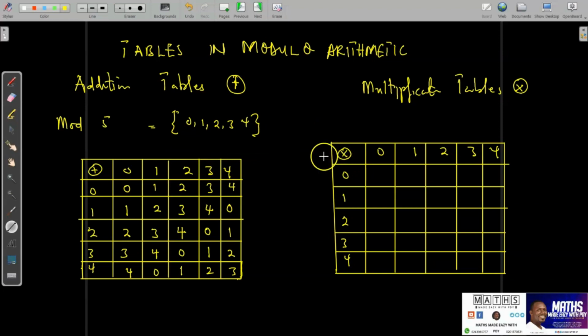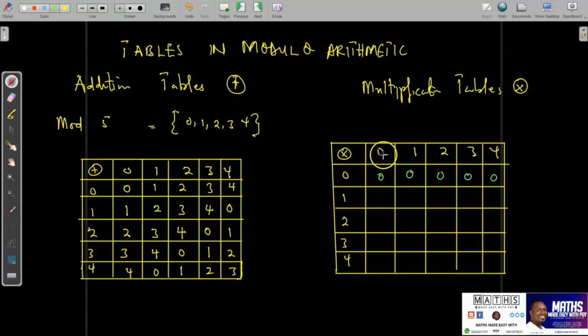Okay, so let's work out the multiplication. You know that 0 multiplying any element still gives you 0. So we can just fill in those sides. So we have 0, 0, 0, 0, and 0. 1 also multiplying any entry still gives you the same number.